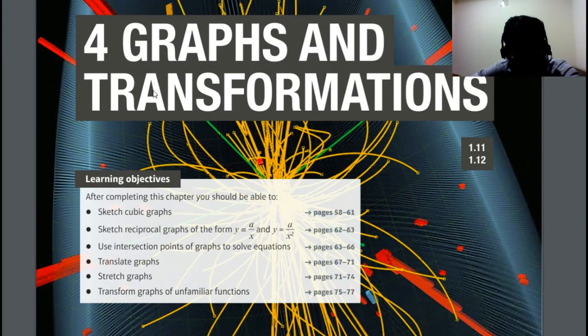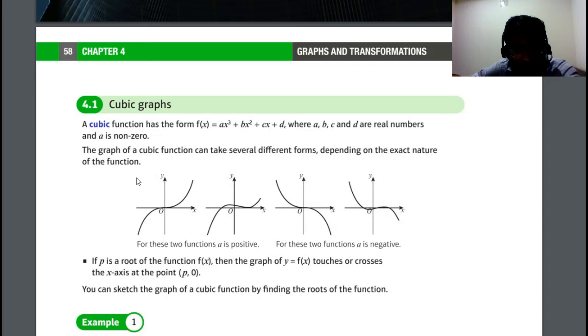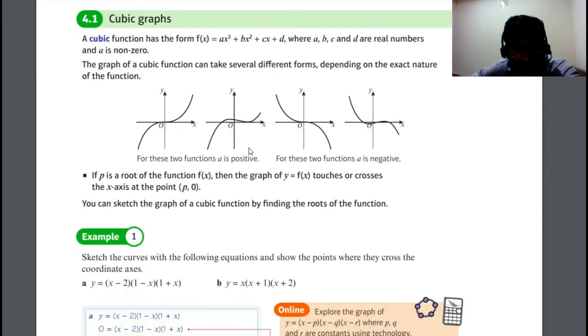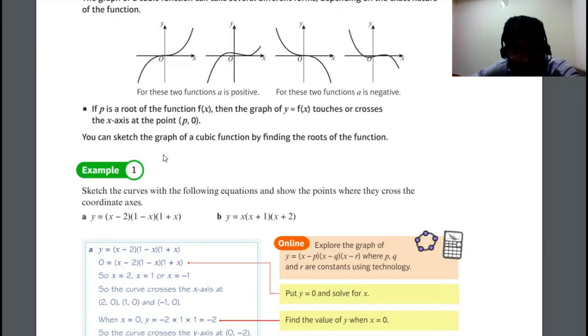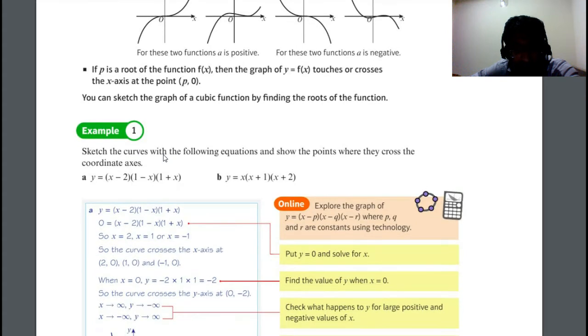Graphs and transformation. Okay, a cubic graph turns twice. If p is a root of the function, then it touches the x-axis at p comma 0.